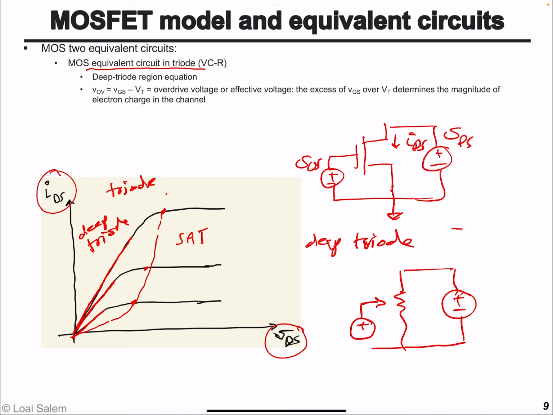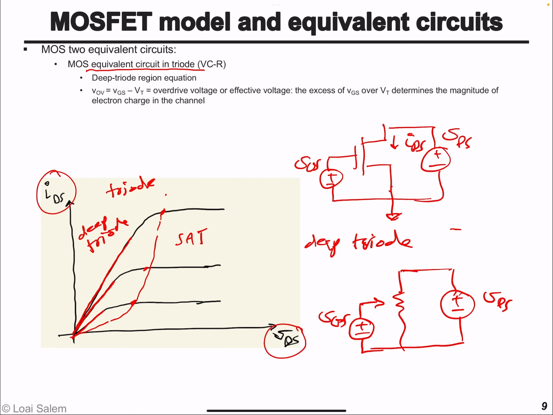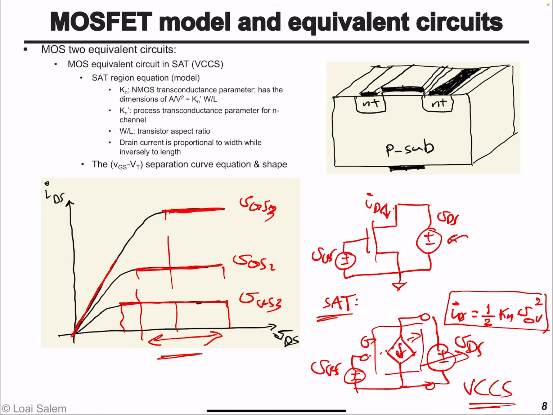And the value of this resistor is controlled by the gate to source voltage, specifically by the overdrive voltage, which is VGS minus VT. The higher the gate to source voltage above the threshold, the more electrons can accumulate in the channel, and so the conductivity of the channel is enhanced, and its equivalent on resistance is going to decrease.